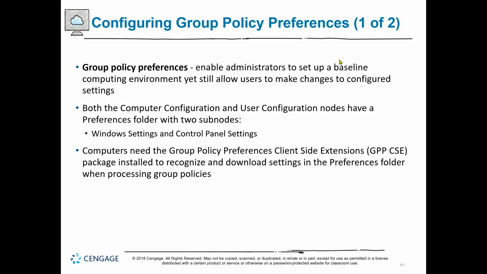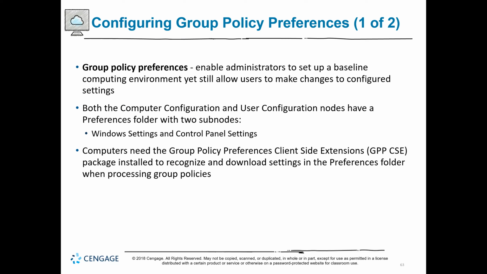Configuring group policy preferences. Group policy preferences enable administrators to set up a baseline computing environment, yet still allow users to make changes to configured settings. Both the computer configuration and user configuration nodes have a preference folder with 2 subnodes, Windows settings and control panel settings.